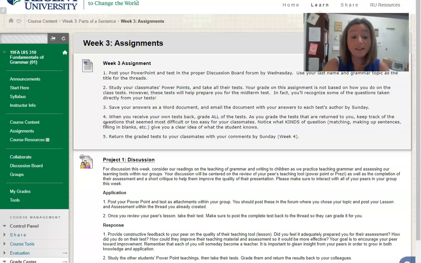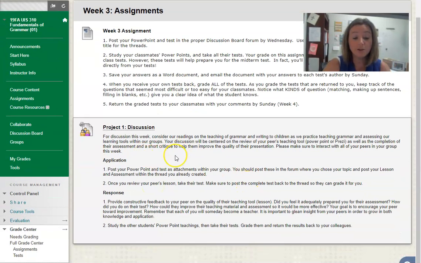This is where the feedback is going to be so important, and that's really what this discussion piece is for. So once you have finished going through the lessons and the assessments, now you want to make sure that you provide feedback. Just remember that we want feedback to be constructive and helpful, but it needs to be done in a way that is going to maintain the respect and the dignity of the person who created it.